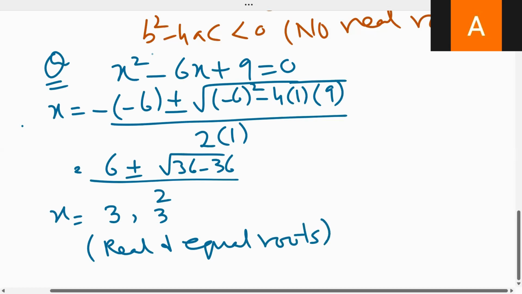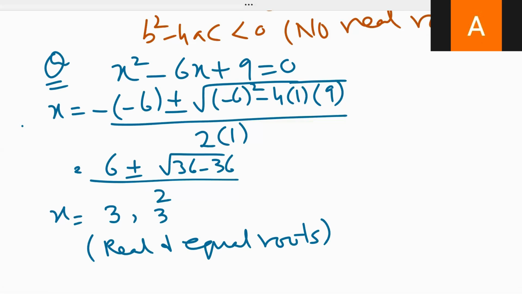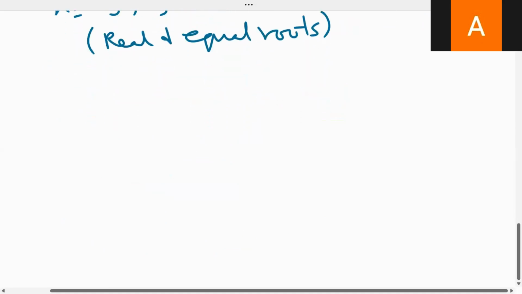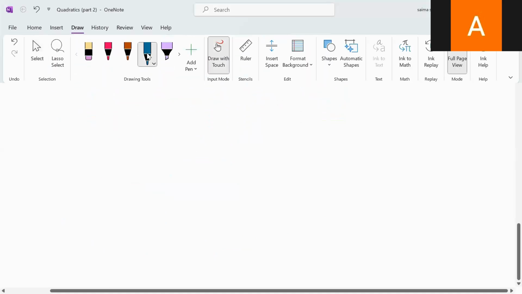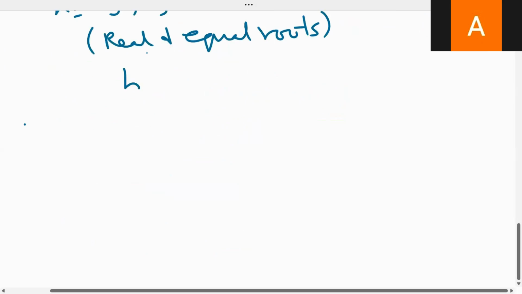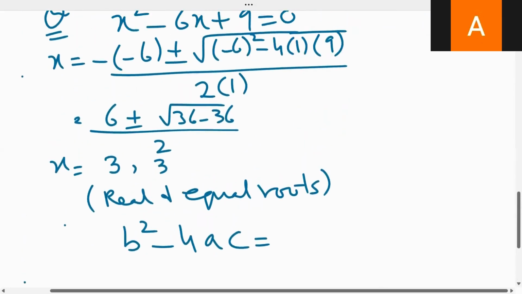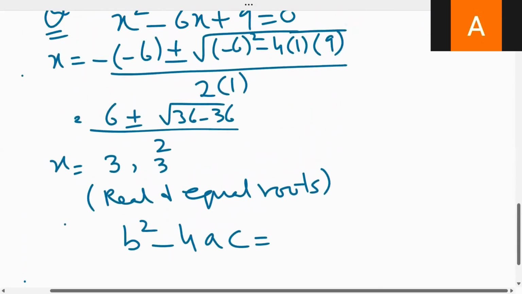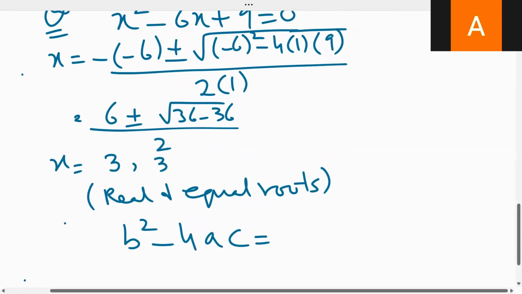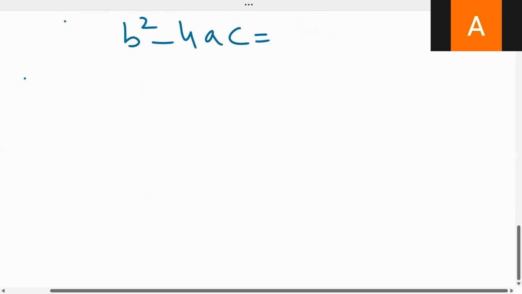And it happens only when the expression inside this root sign is 0. So we conclude that, for example, when you solve it by using the formula b square minus 4ac and find the value of this discriminant, substituting b, which is minus 6, a is 1 and c is 9.